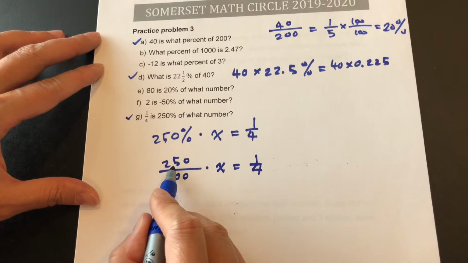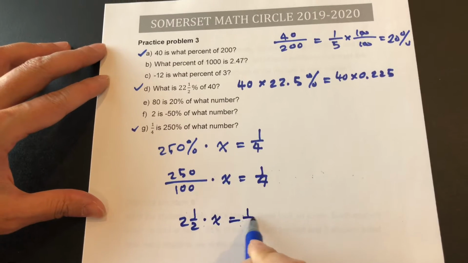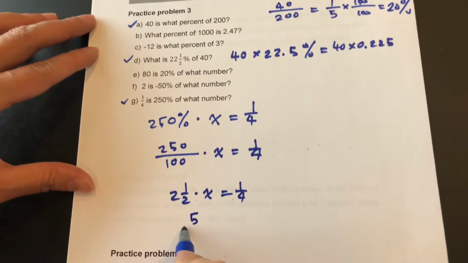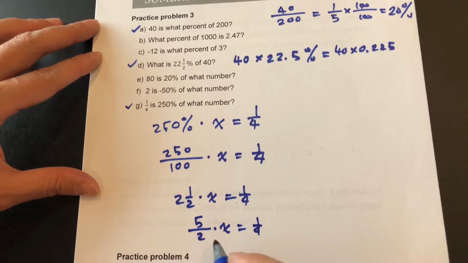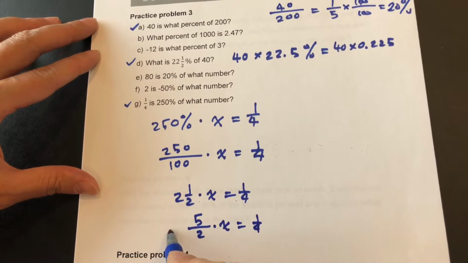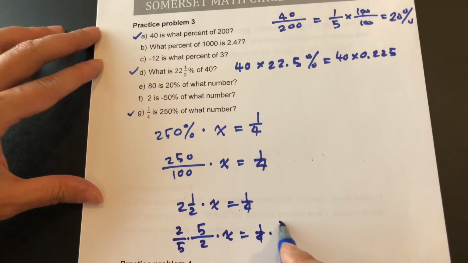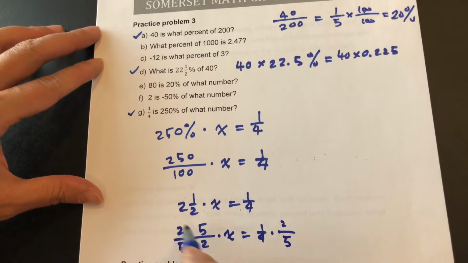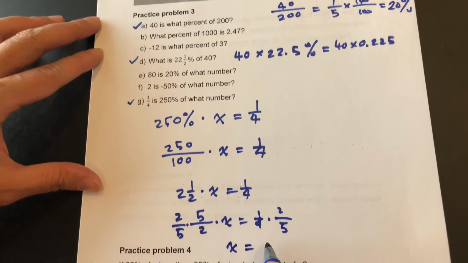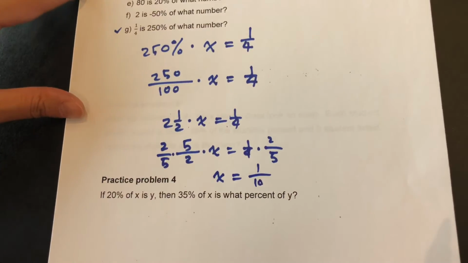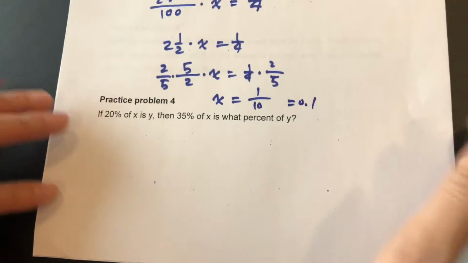This is 2.5. 2.5 is 2 1/2. x equals 1/4. This is 5 over 2. We can multiply 2/5 on each side, and this would cancel. So on the left side you have x, equal to the right side, that is 1/10. Okay, or 0.1, either way.